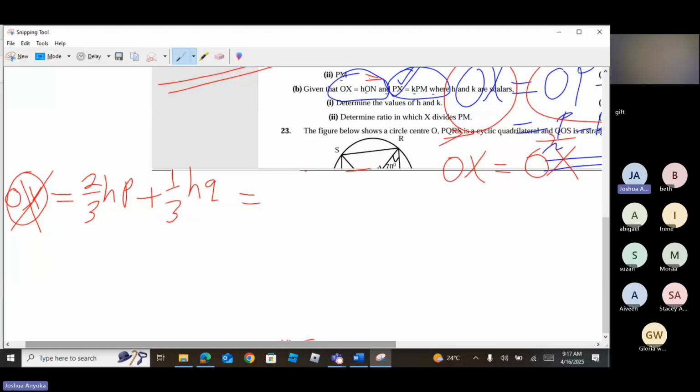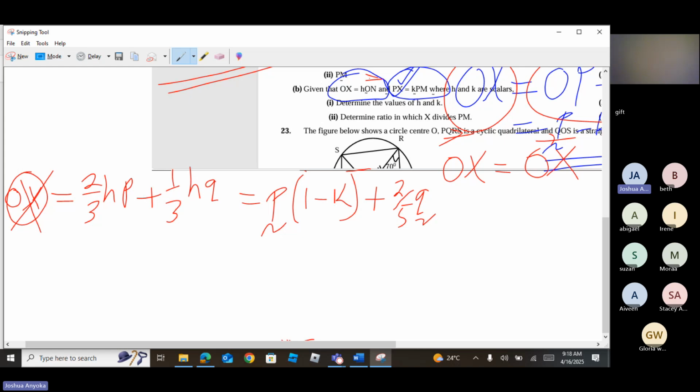P into brackets 1 minus K plus 2 over 5Q. Very good. I said we must be writing in a sequence as we flow together, not just listening.